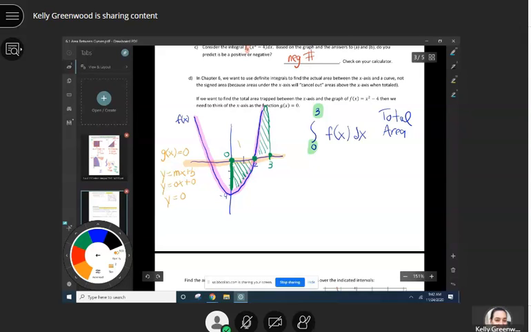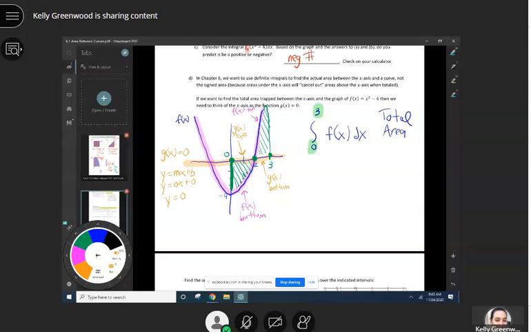So one time I'm going to have g of x on top and f of x on bottom, and then it's going to flip, and I'm going to have f of x on top and g of x on bottom. So basically, we're just splitting the big integral up into two separate ones.